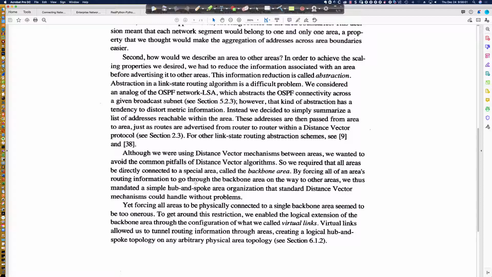And so in order to provide a loop-free way to do this multiple area setup, all non-area zero areas must transit through the backbone area. Now, you're looking at that last paragraph and you're saying, well, wait a second. I don't think that's necessarily true. What about virtual links?